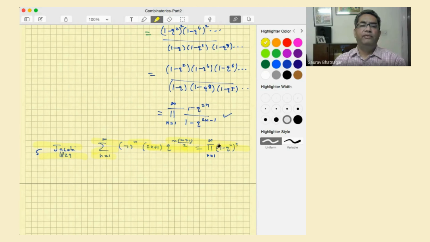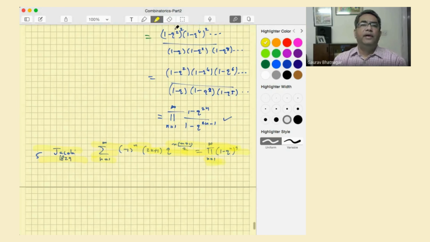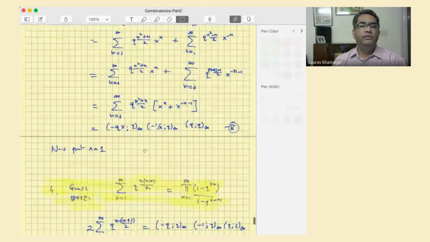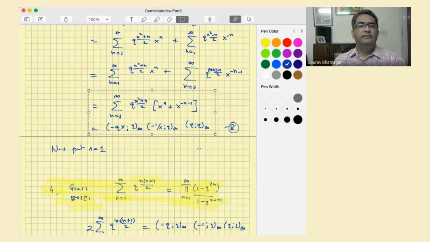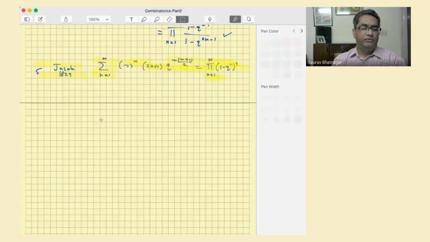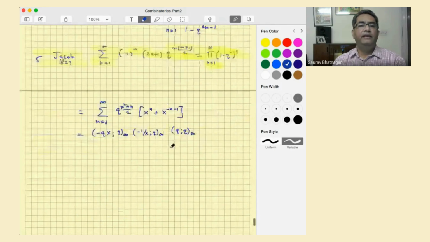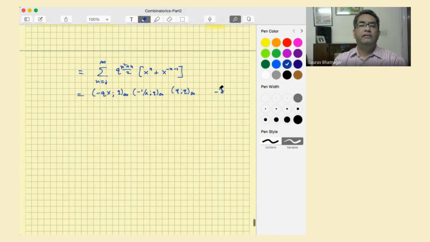Number 5. Okay, and this is nice. I've just discovered a new trick. So we use this guy again. This we said was number 8, right? So we use 8 again.